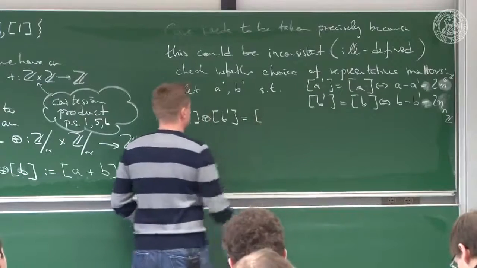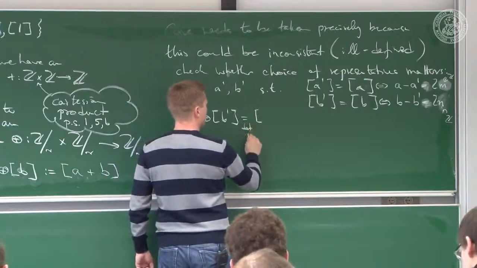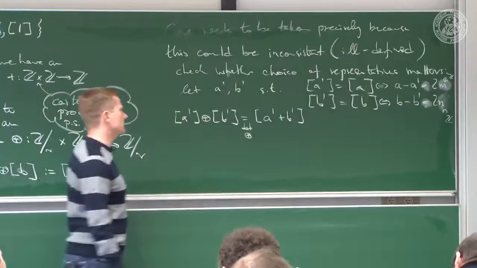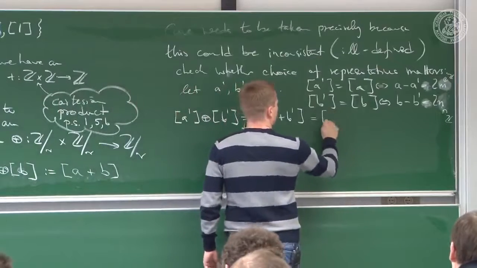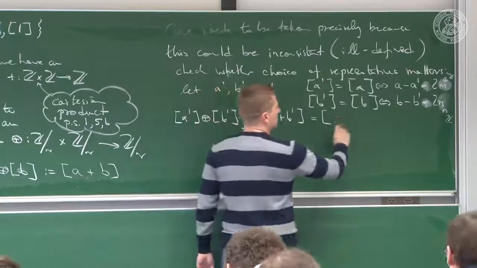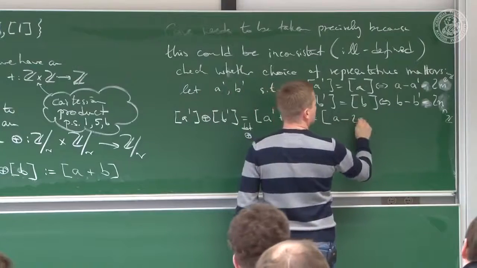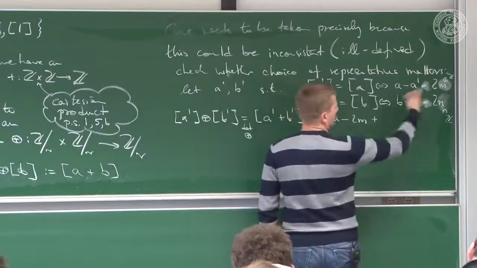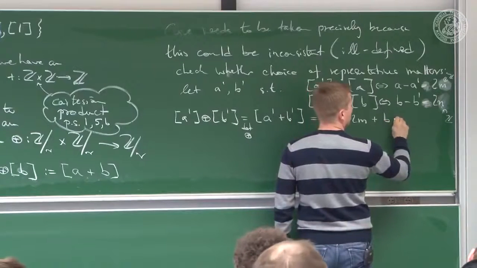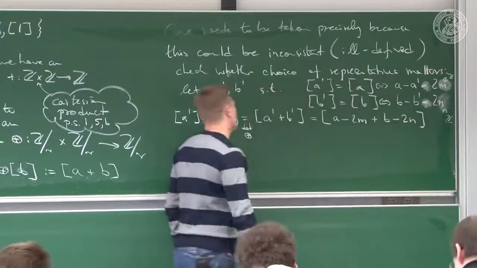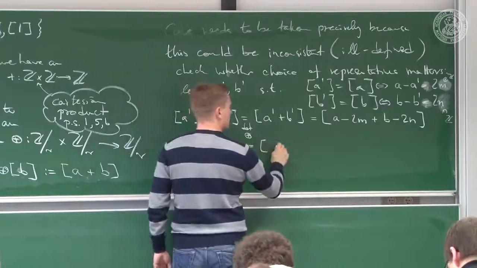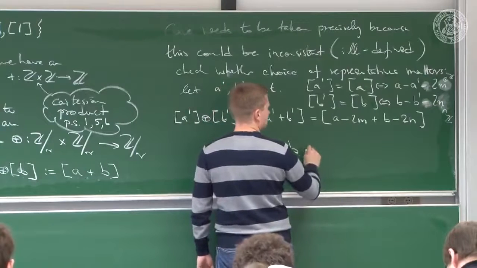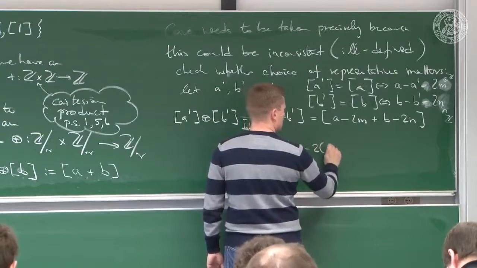So we can use the definition of circ plus: that would be A prime plus B prime. I just blindly take the two representatives that I happen to have there, and now I replace A prime by A minus 2m, and B prime by B minus 2n. Well, that, of course, is the same as A plus B. No? So first the associative law, then the commutative law: A plus B minus 2 times (m plus n).